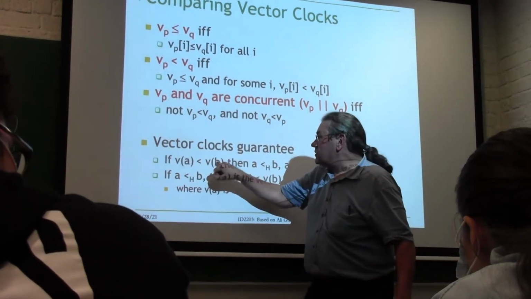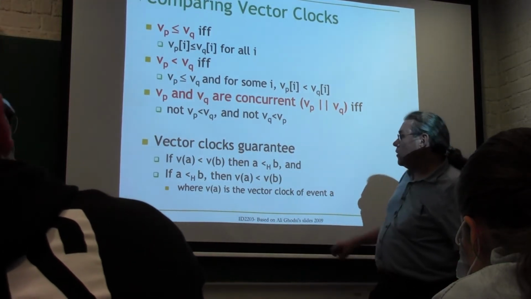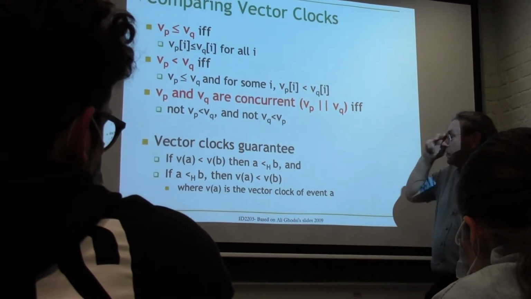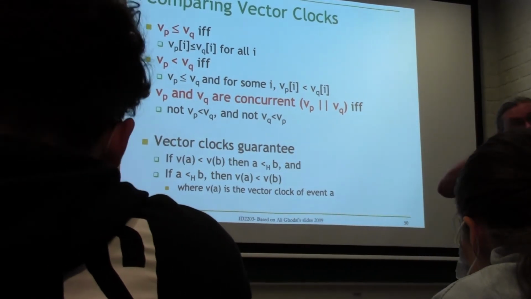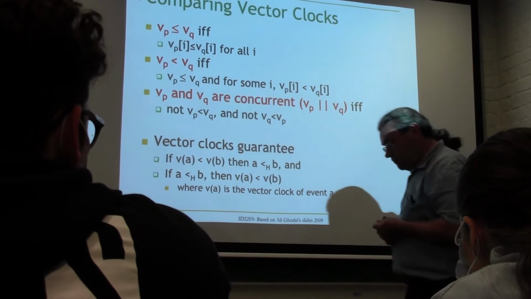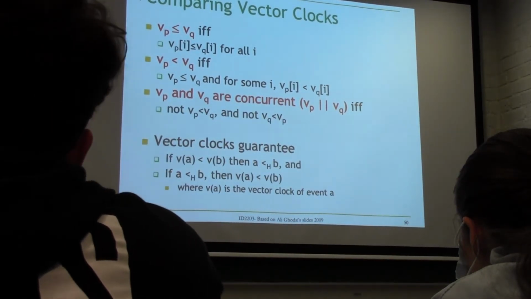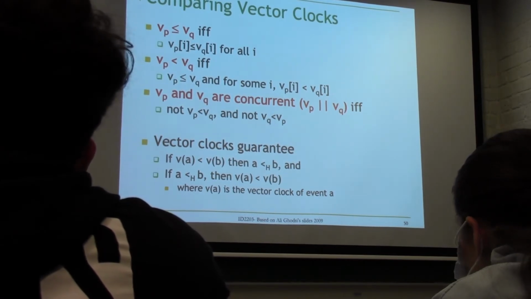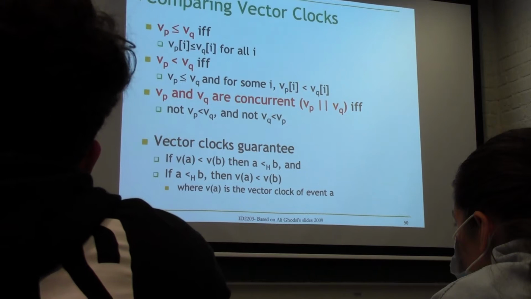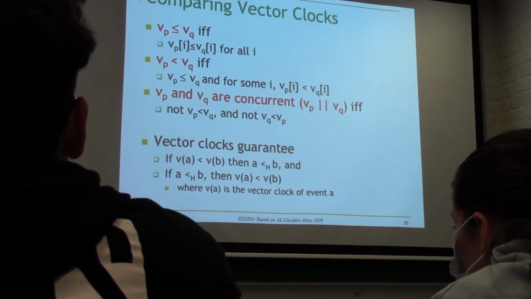If VA is less than VB, then A happens before B, where VA is the vector clock. So it's an if and only if. It directly gives you all the information on causality. And it's not that hard. You need to piggyback these vectors, n numbers per node. So it's a little bit more expensive.